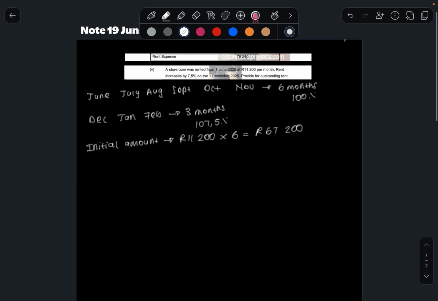Now, the amount in question is the 7.5% increase. How do we calculate increase? For these 3 months, we're going to take this 11,200 and multiply it by 107.5 over 100 to get the full amount of the 7.5% increase, inclusive of the initial amount.